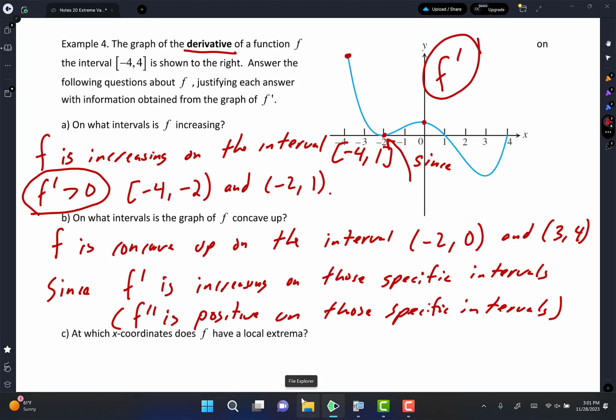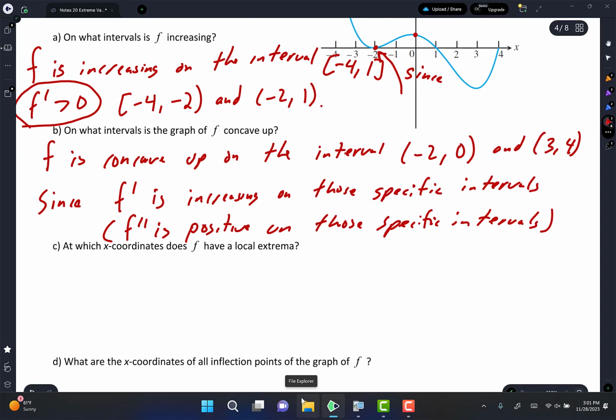Okay, so where? 1, yeah. Is this graph f prime? Where am I going from positive to negative? At 1. So make sure that we're specific, guys. F has a max. You can say the word local max if you want.